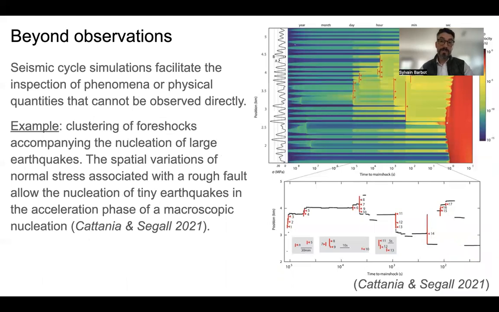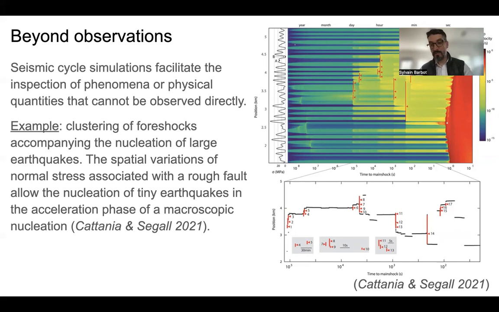Another application of seismic cycle simulations is to understand processes that are not available with sufficient resolution observationally. An example is to better understand the emergence of foreshocks preceding large earthquakes.